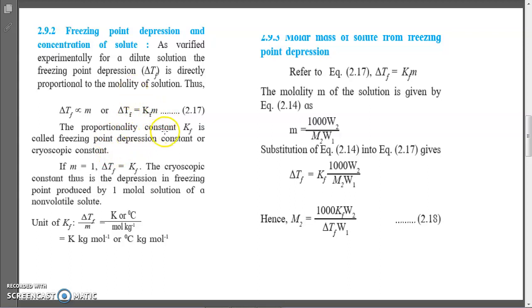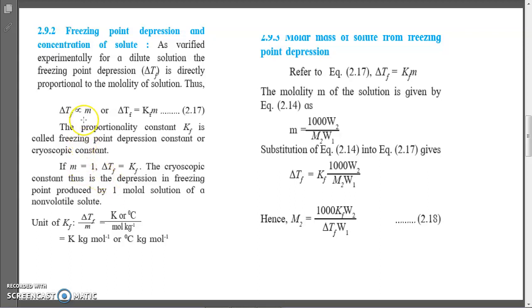The proportionality constant Kf is called the freezing point depression constant, or the cryoscopic constant. If the molality of the solution is 1, then delta Tf equals Kf. The cryoscopic constant is the depression in freezing point produced by a 1 molal solution of a non-volatile solute.